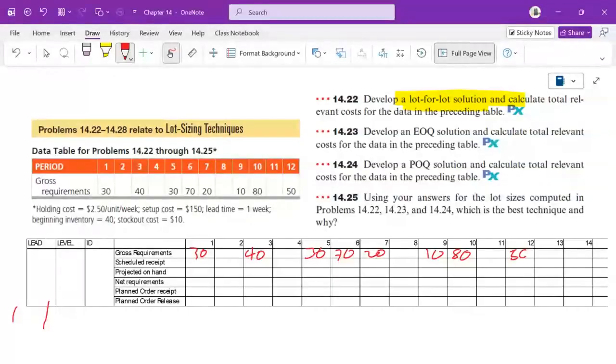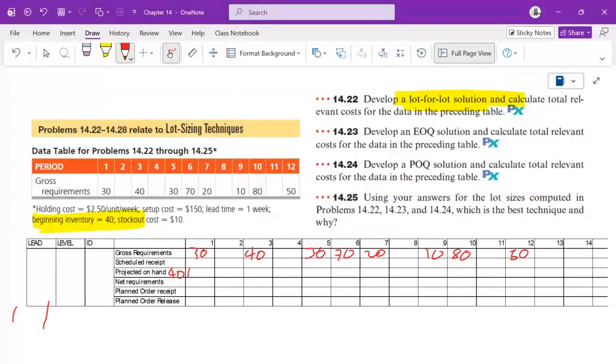So now once you have this, what you have is beginning inventory, which you also look for, which is 40. And you take it as it comes now.